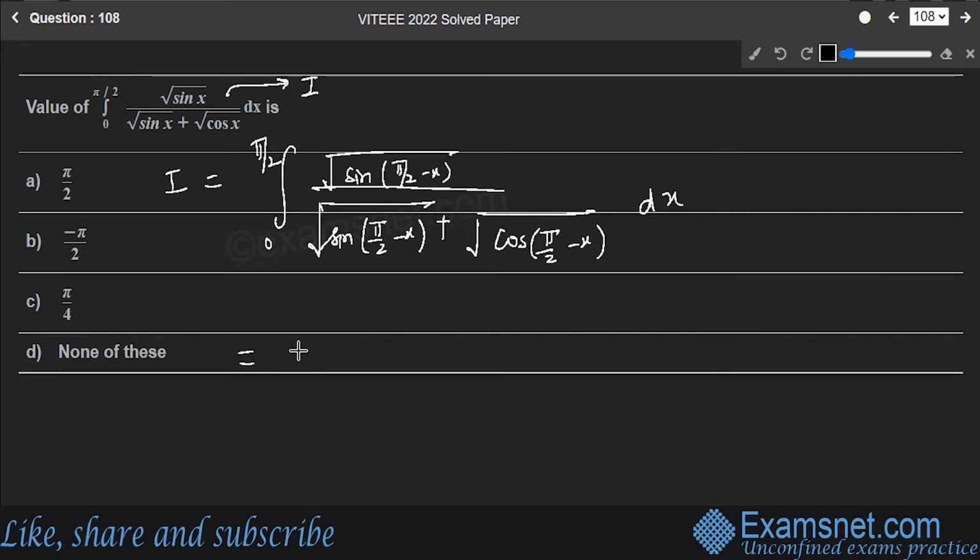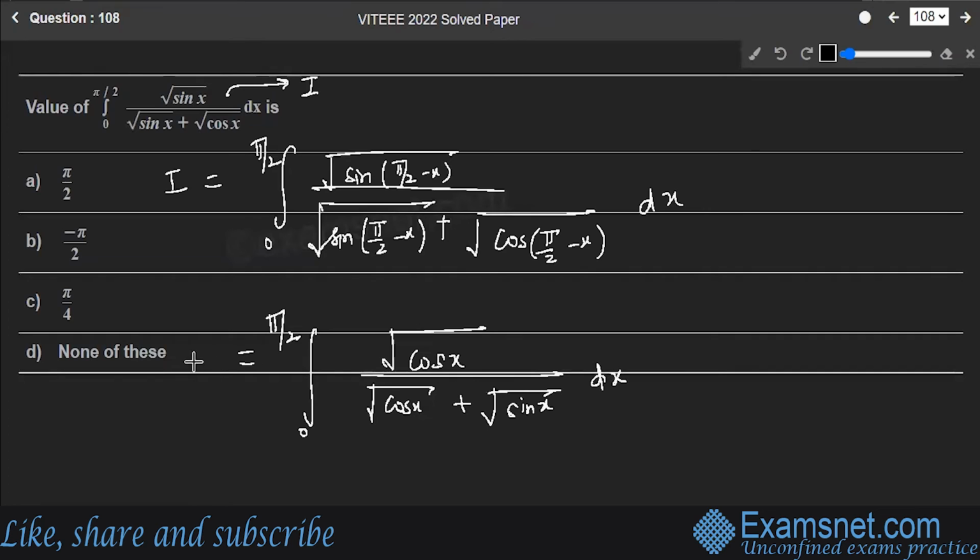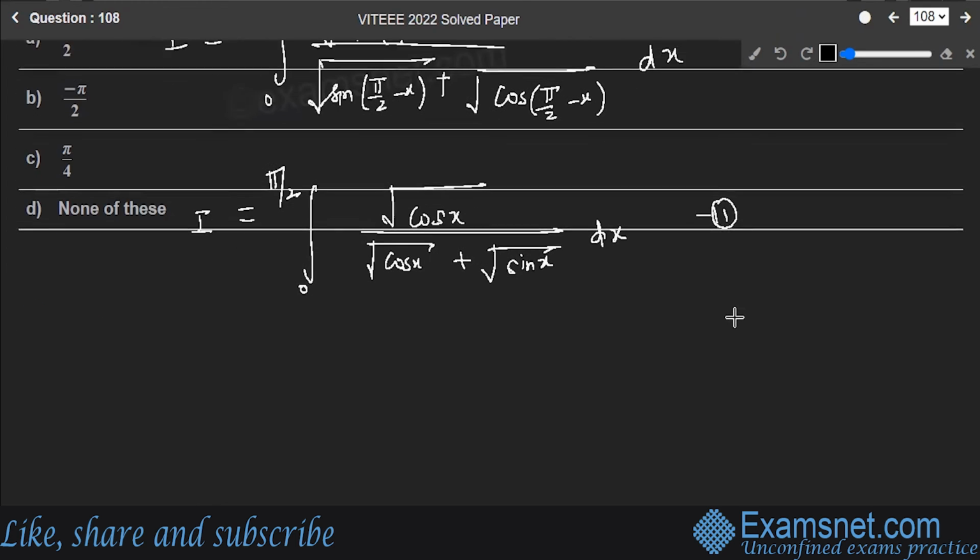Now this is equal to the integral from 0 to pi by 2 of root of this sine will be converted into cos. So this is cos x, because it's lying in the first quadrant, it's positive. So this is root of cos x divided by root of cos x plus root of sin x dx. That was equal to I, and this is equal to I. So let's say this is equation 1 and this is equation 2.